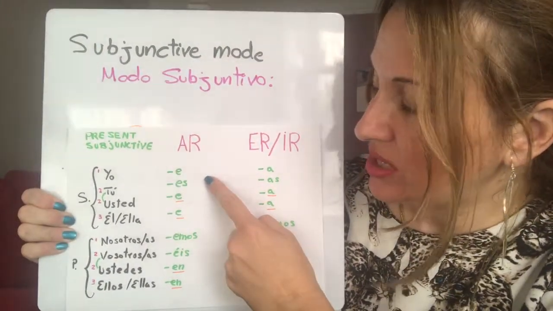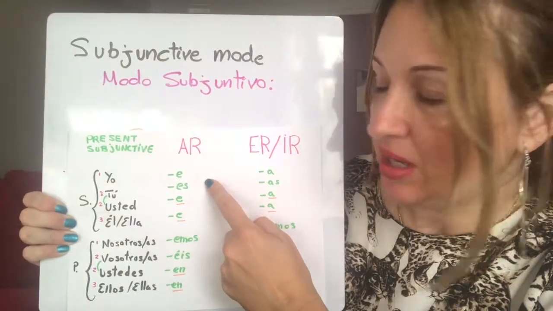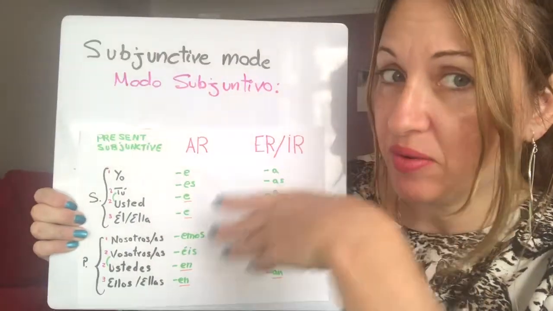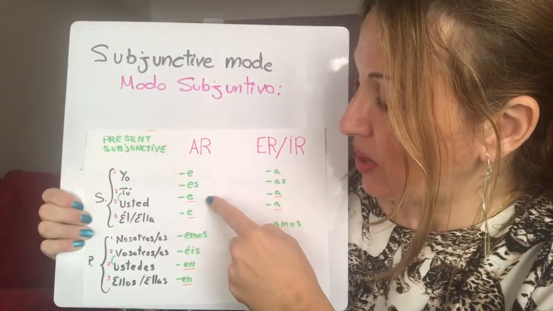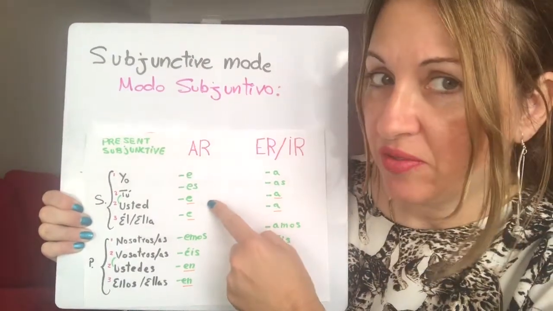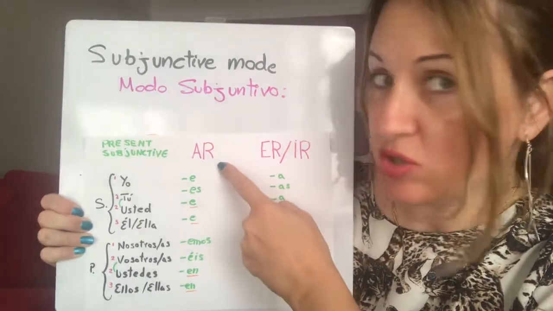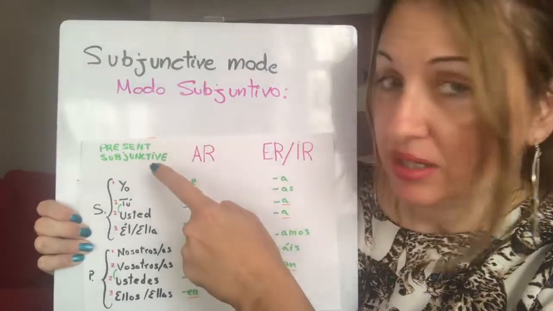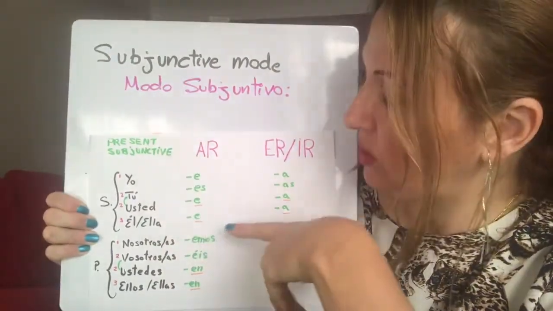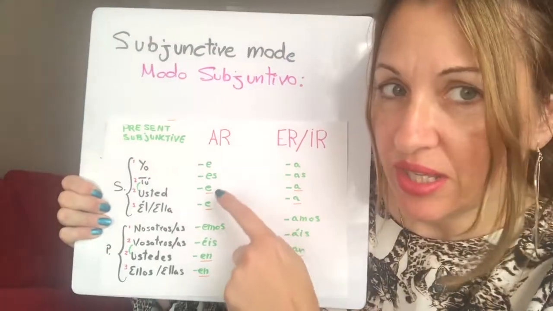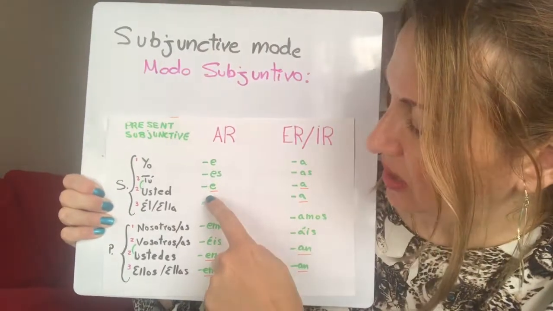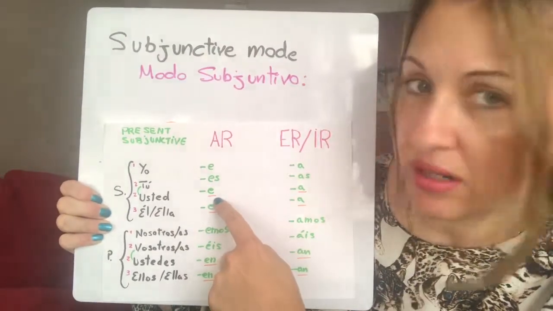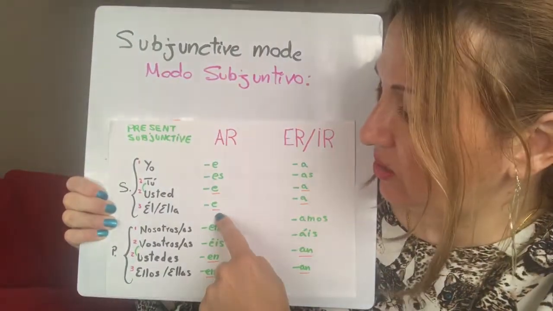So you just need to remove the root, and in a regular verb, this would be the ending that would apply to any verb that belongs to that conjugation in that tense and in that mode. Okay, as you can see here, there is a line here in orange and another line here in orange.